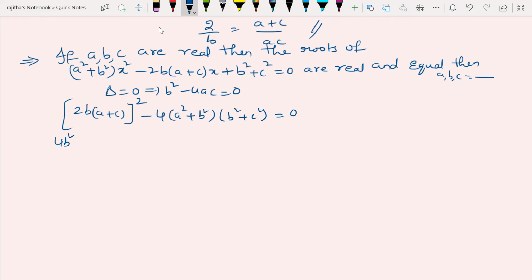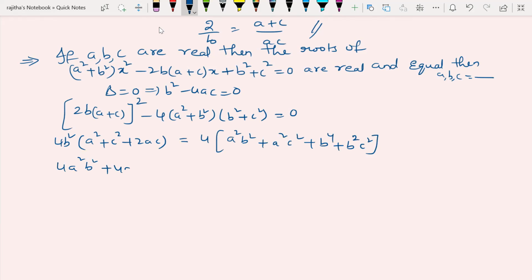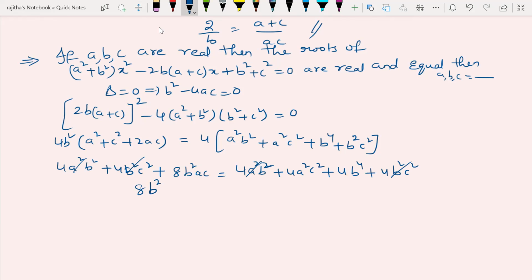Here 4b square, a plus c whole square, is equal to 4 times a square b square plus a square c square plus b power 4 plus b square c square. 4a square b square plus 4b square c square plus 8b square ac is equal to 4a square b square plus 4a square c square plus 4b power 4 plus 4b square c square. 4b square c square cancels. A square b square also cancels. Here 8b square ac is equal to 4a square c square plus 4b power 4.